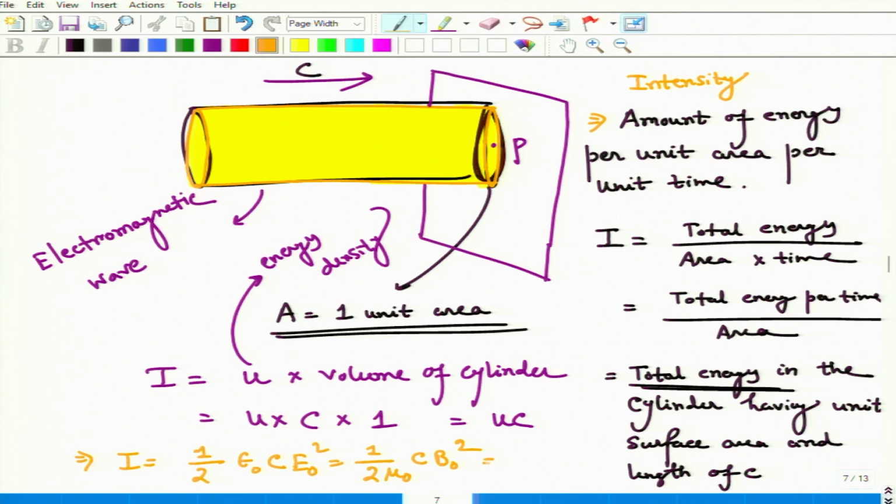Yes, or we can write it 1 by 2 mu naught C H naught square. So this is the intensity of the electromagnetic radiation, right?